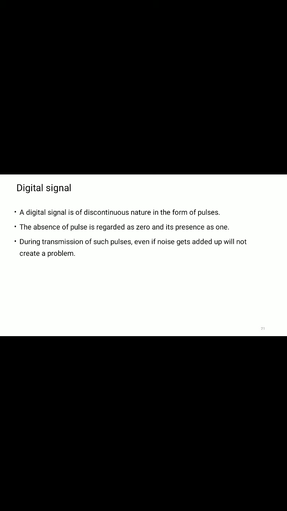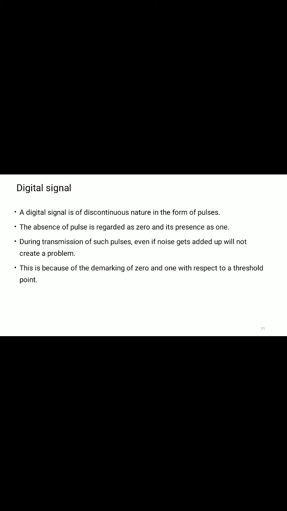Next one is the digital signal. A digital signal is of a discontinuous nature in the form of pulses, but an analog signal is of a continuous nature. The absence of a pulse we call a 0 and the presence of a pulse we call a 1.